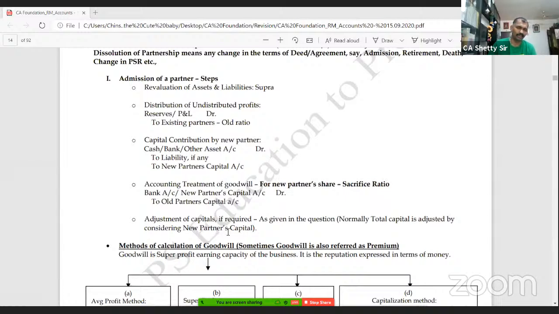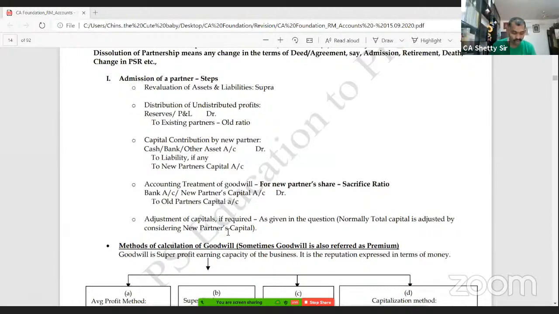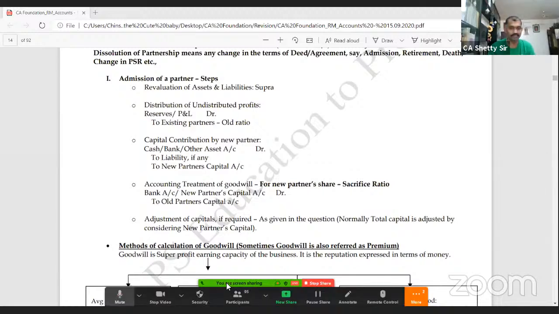Building account debit 100 lakh, to building loan account 100 lakh, to capital nil, 0. I hope you are understanding.